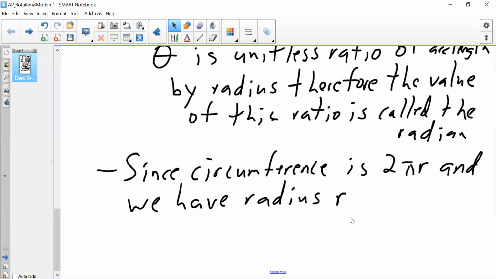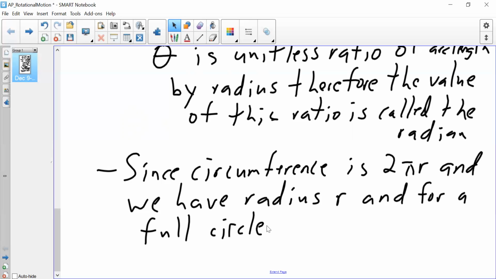We have the radius r. So for a full circle, the angle is 360 degrees.